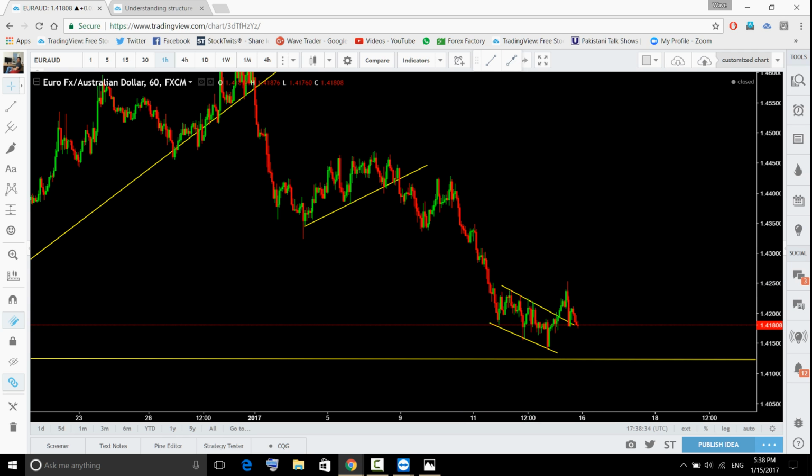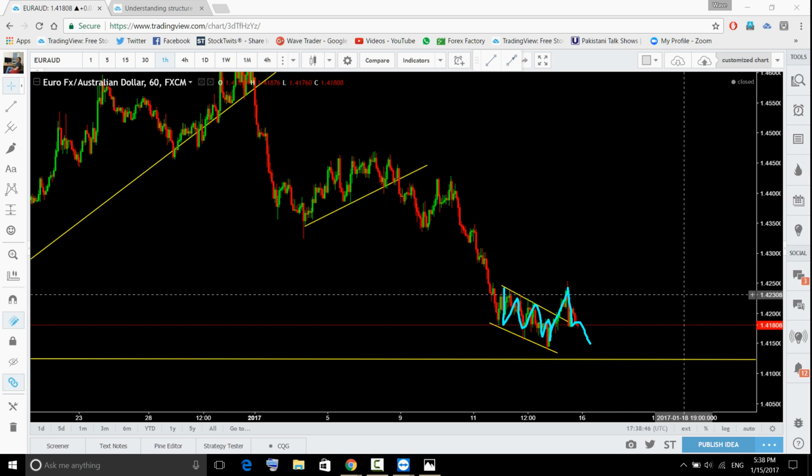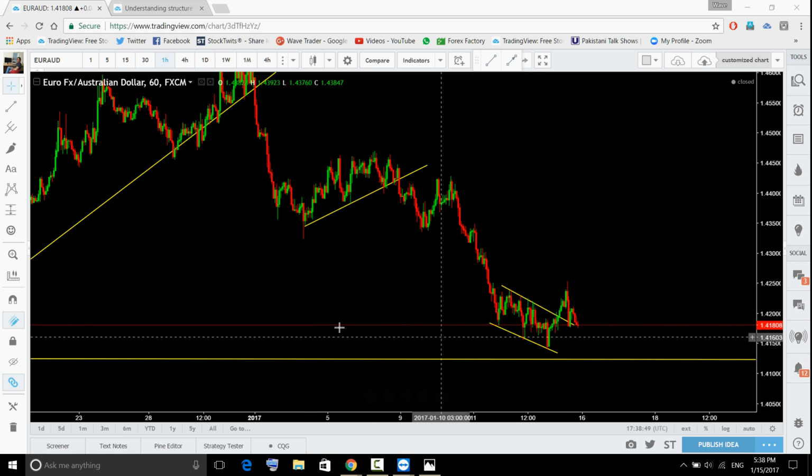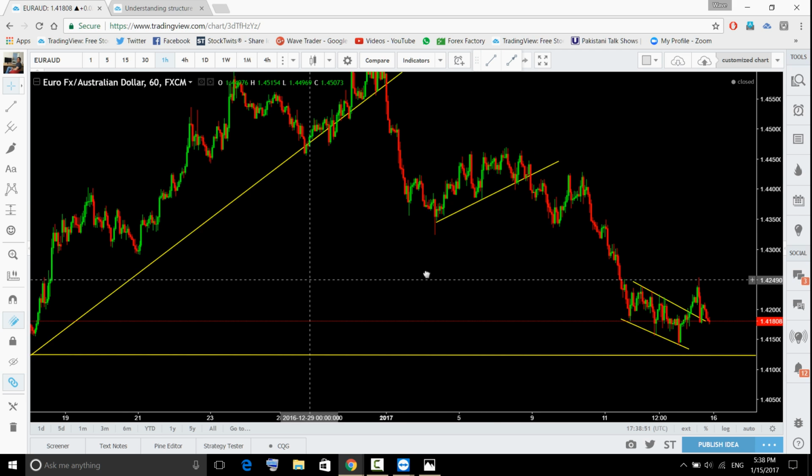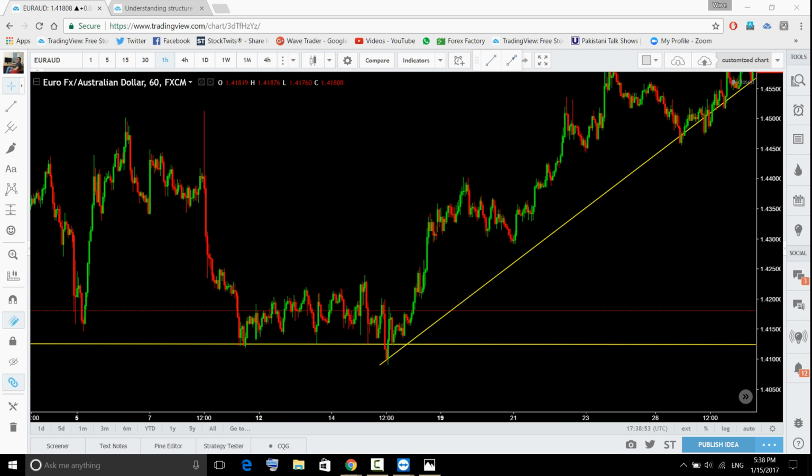Broken out, but the break wasn't strong enough to convince you that it is going to continue, so it is falling back to the downside. So we need further signs, then we're going to look for a buy. These are the further signs that price is going to continue.